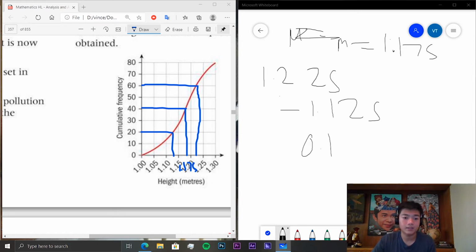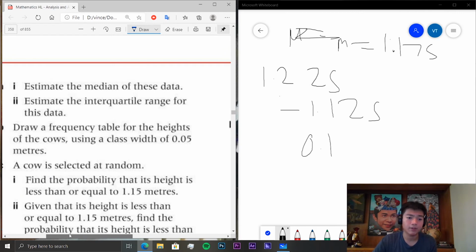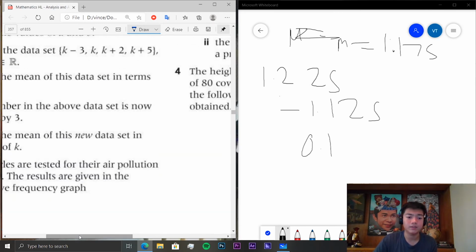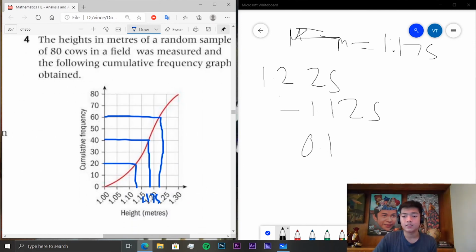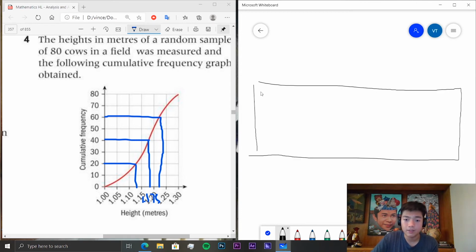What else? Draw a frequency table for the height of the cows using a class width of 0.05 meters. Okay, so let's draw that table.